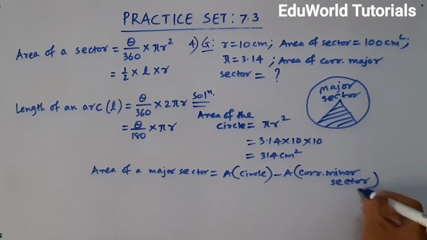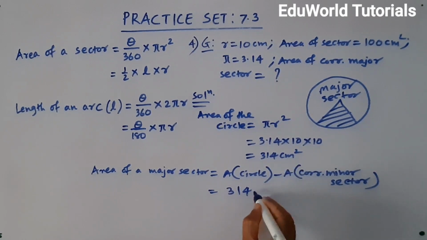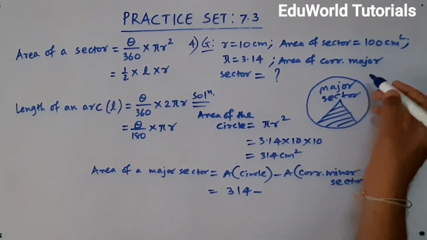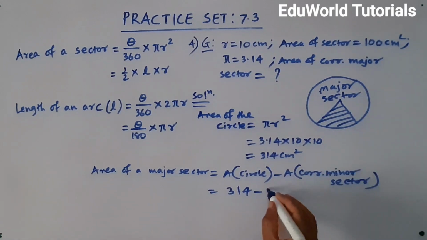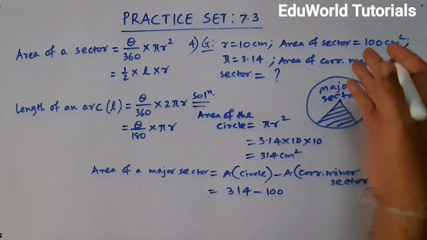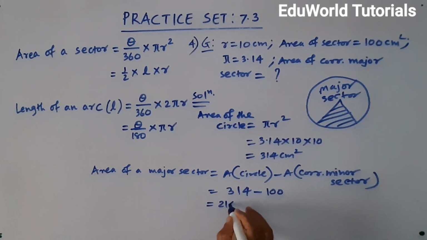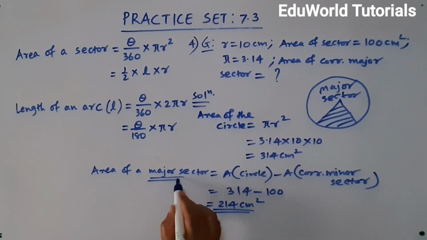Please remember, students. So now the area of the circle we found: 314. What is the area of the minor sector? It is given to us, 100 centimeter square. Even though they don't use the word minor sector, you have to understand it is a minor sector only. 314 minus 100 is 214 centimeter square, the area of the major sector.